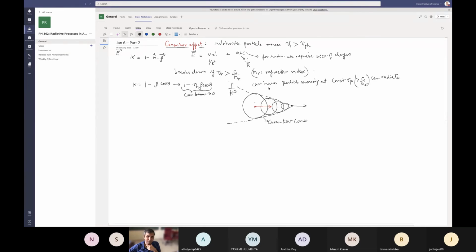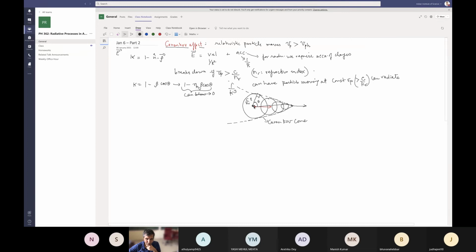There's nothing coming out here, so this is 90 degrees, and this angle is theta. This distance is the speed at which light travels in this medium, so that's c by nr times t.